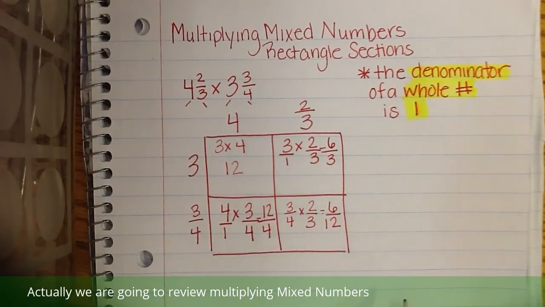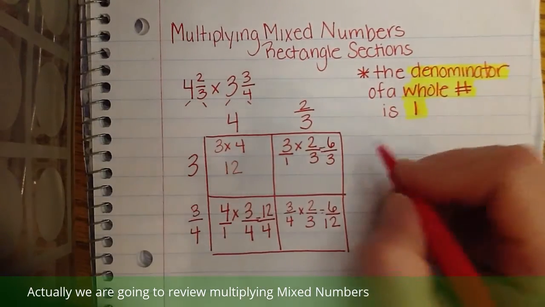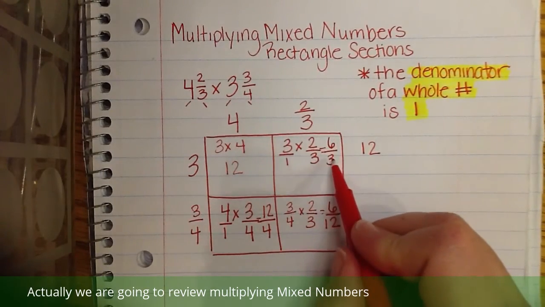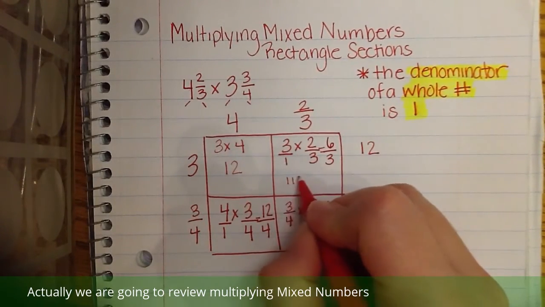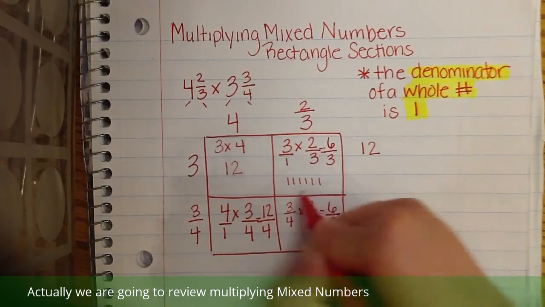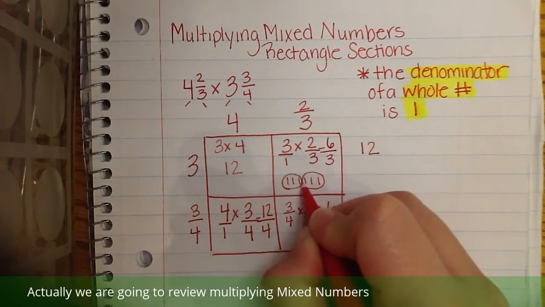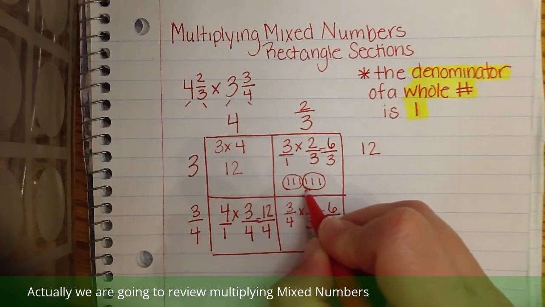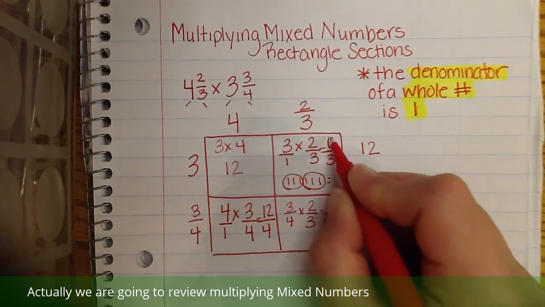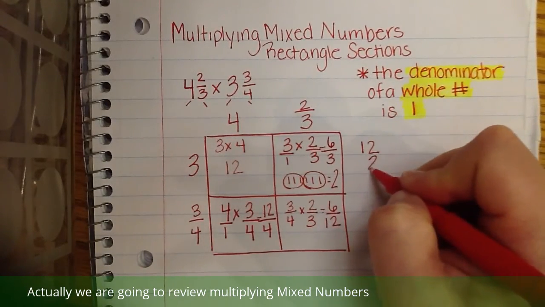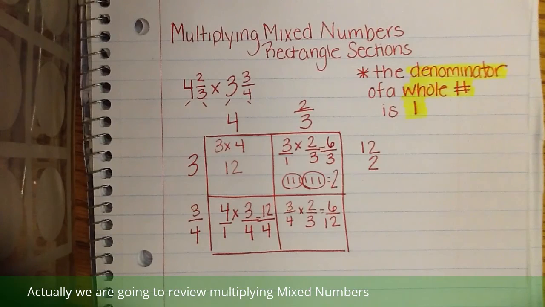I'm going to add them up over here. I have a whole number of 12. Let's look at 6/3. 3 go in a group. 6/3 is actually equal to 6 divided by 3 is 2. Well, that worked out nice and neat. 2 wholes.